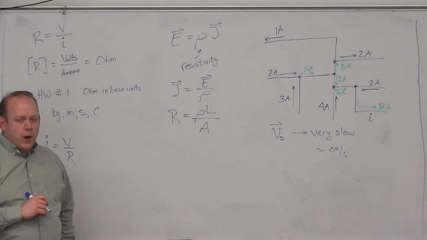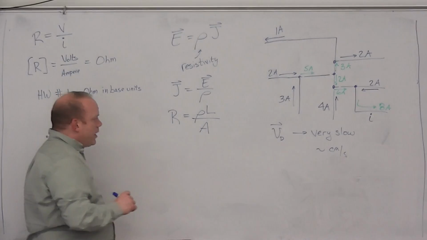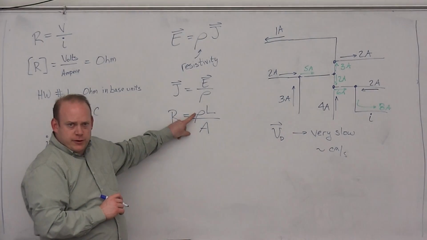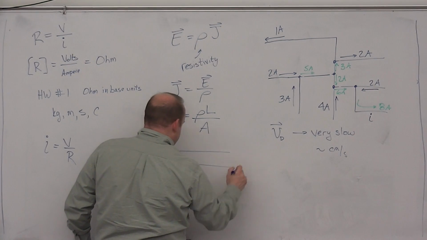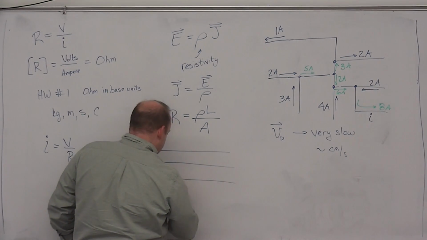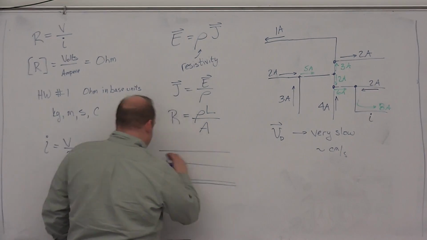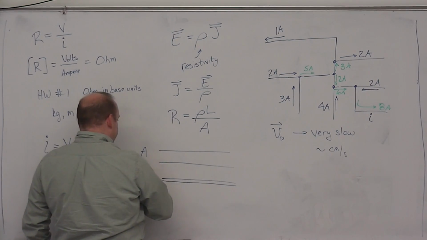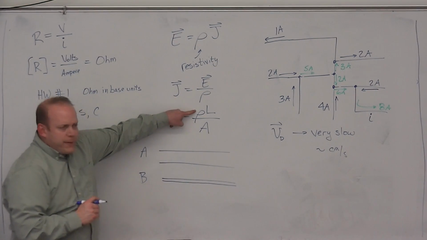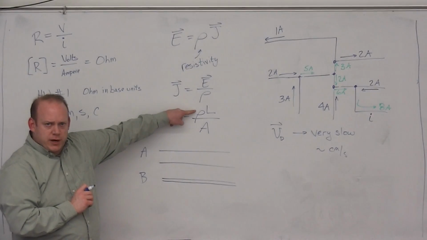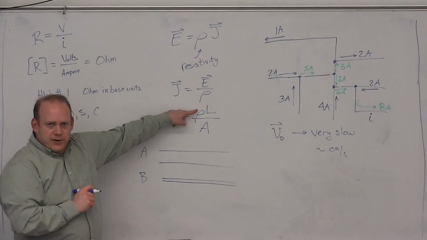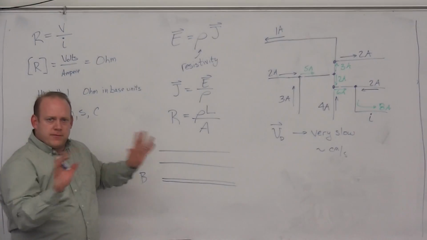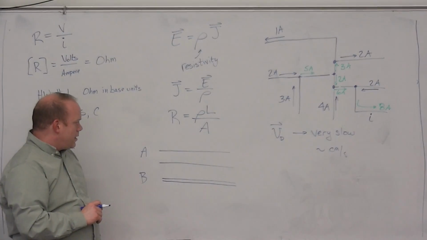Let me explain why. Rho is how much the material tries to restrict current flow. So the bigger the resistivity, the bigger the resistance. If that makes sense. Okay?